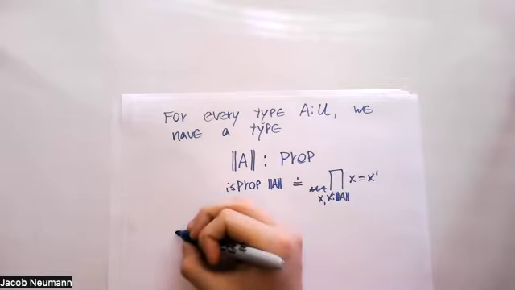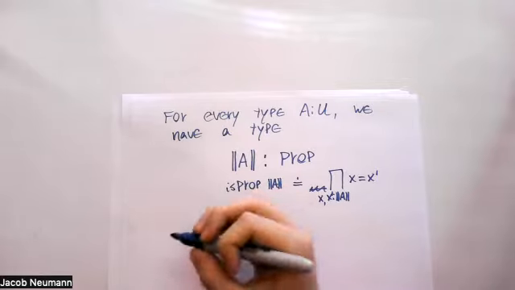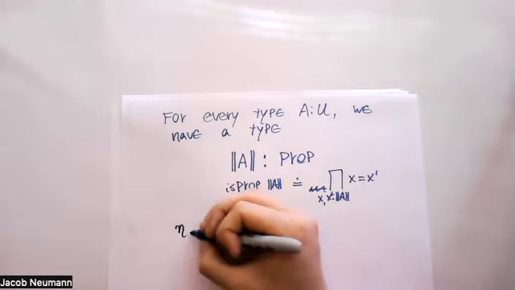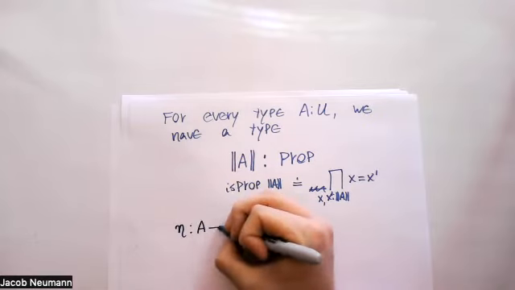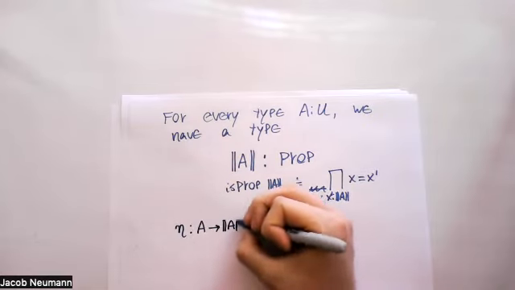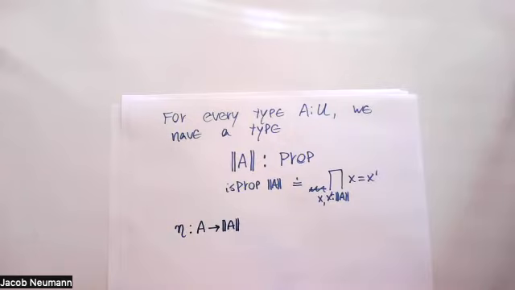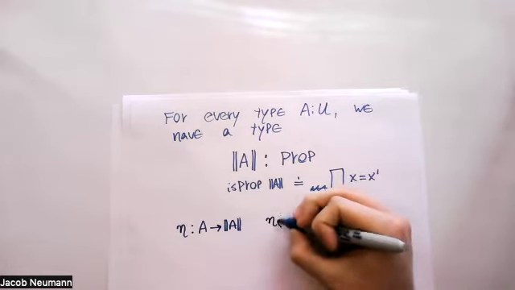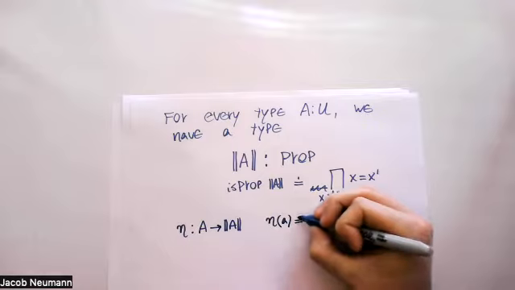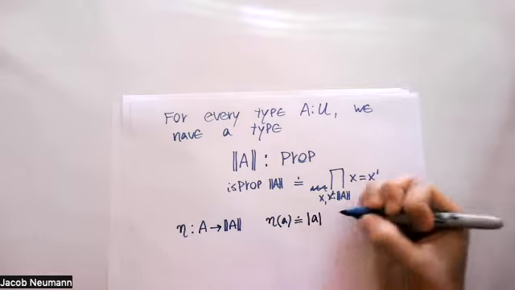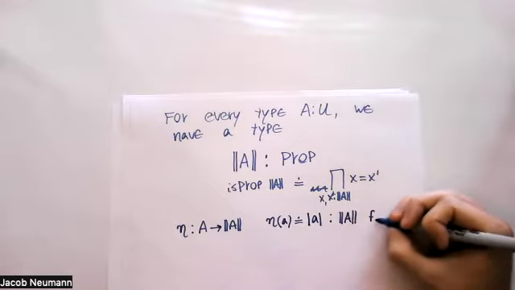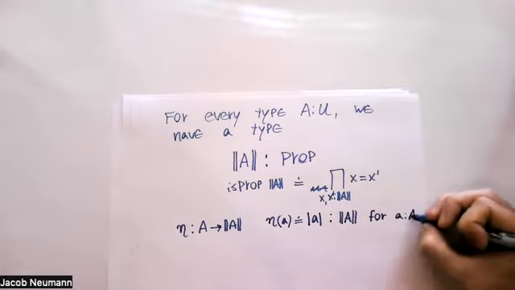And so we're really concerned with what we're going to call eta, a map eta from A into the truncation of A, which we'll also write eta of A. We'll write that as single bars A. And so this is an element of the truncation of A for any A.